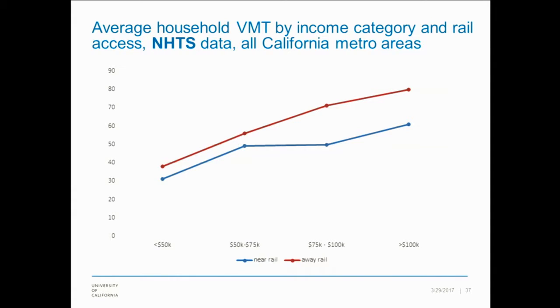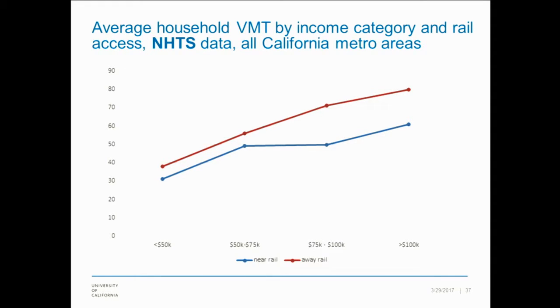And you can see that the blue line is those people who live near rail, the red line is those who live farther away from rail. What this shows is that at each income level, from left to right, less than $50,000 per year, between $50,000 and $75,000 per year, between $75,000 and $100,000 per year, and more than $100,000 per year, there is a reduction in total VMT associated with being near a rail station.